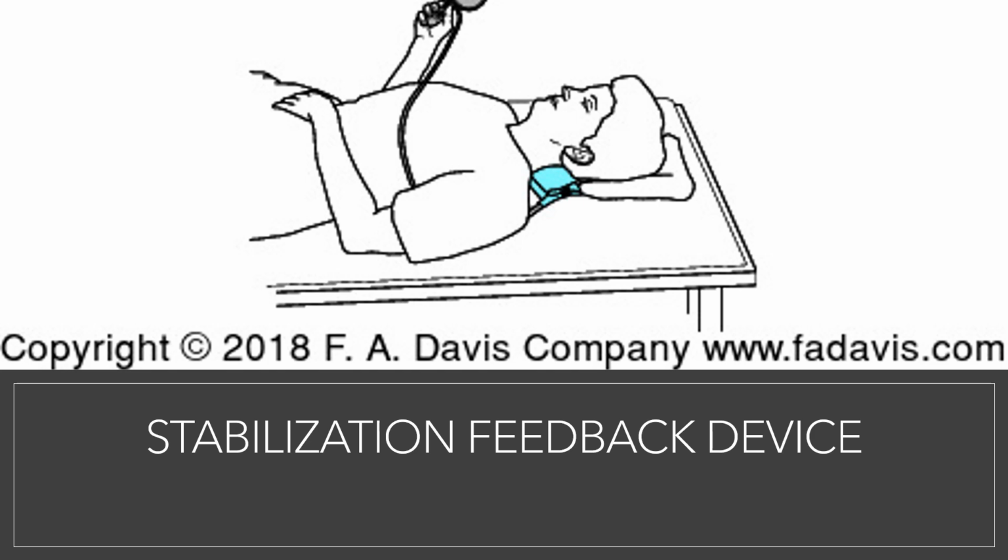Basically, you pump up the device to a prescribed millimeters of mercury, and you have the patient hold a neutral spine position that keeps the device at that pressure, and you have them slowly move off of it and back onto it, so that they have this biofeedback that tells them when they are maintaining a neutral spine. We can use this in the cervical spine underneath the neck, or we can use this in the lumbar spine just above the pelvis through the lumbar vertebrae.